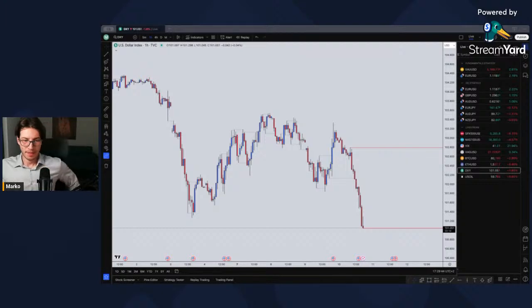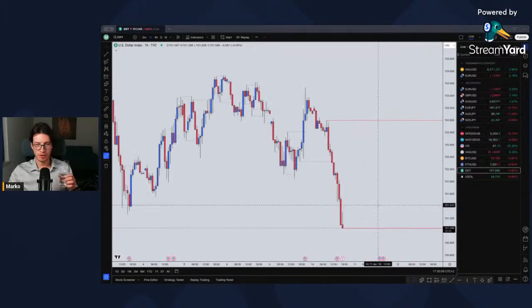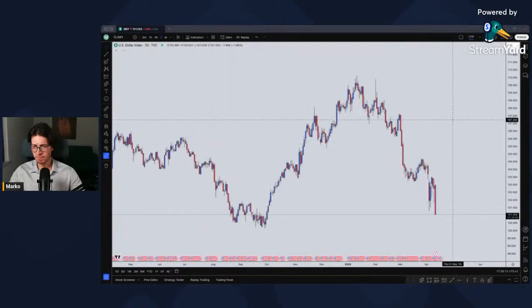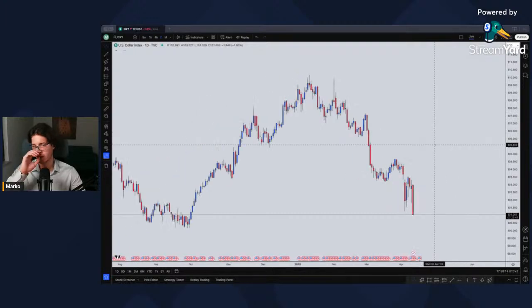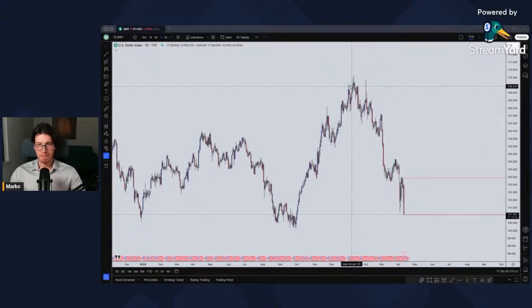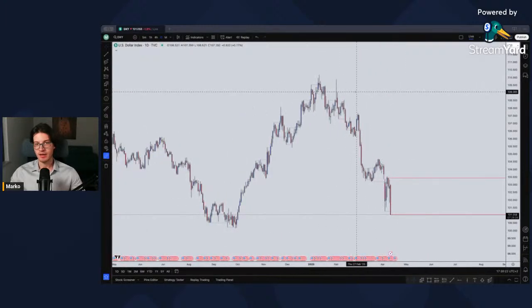So basically, the dollar index is just going lower. The daily is also crashing lower. We have been crashing from January. Basically, from when Trump took office, we have been crashing.